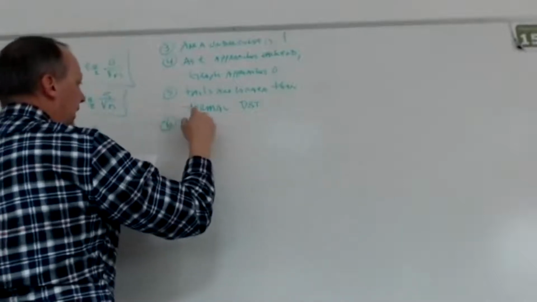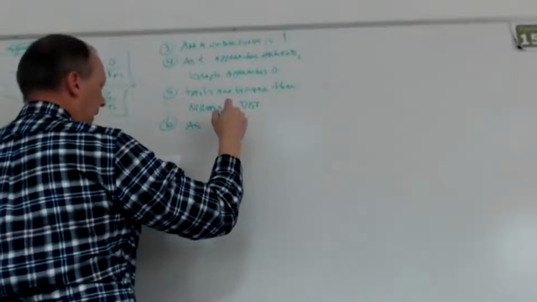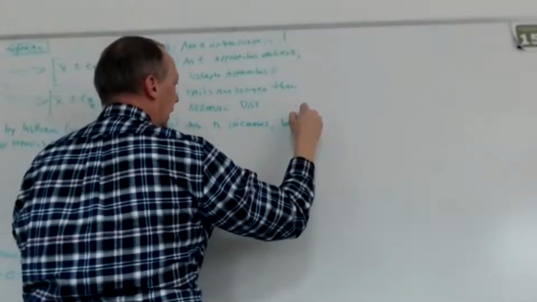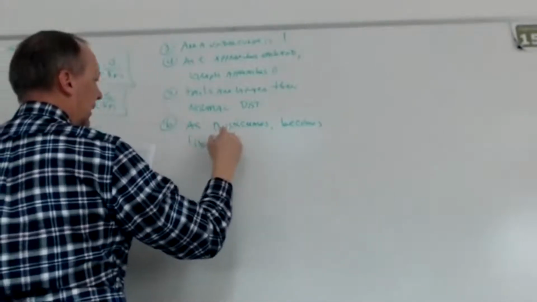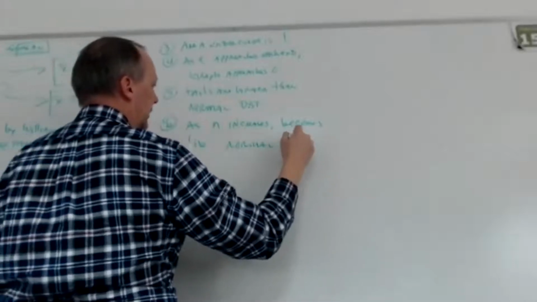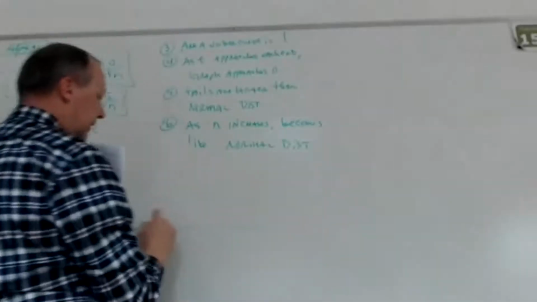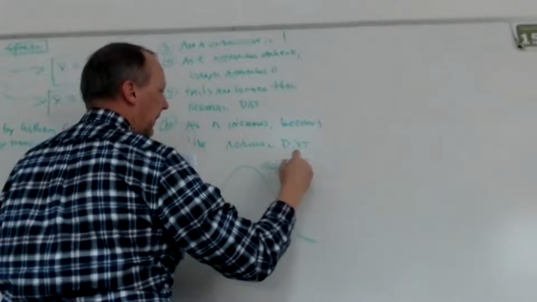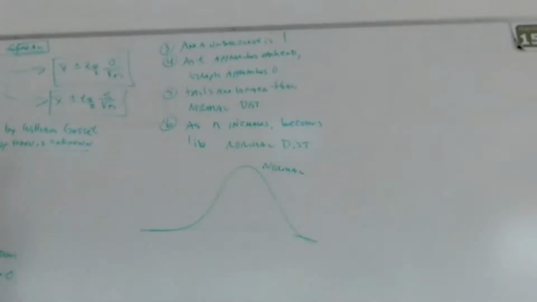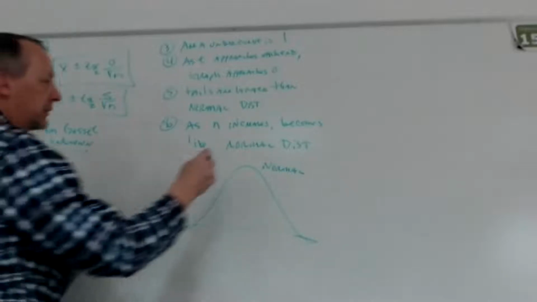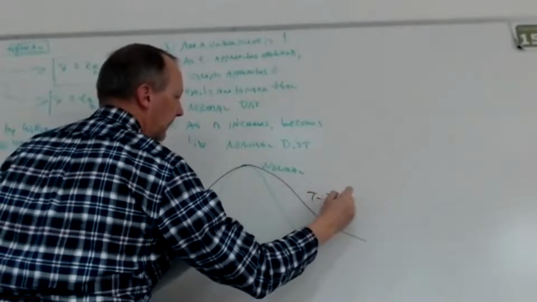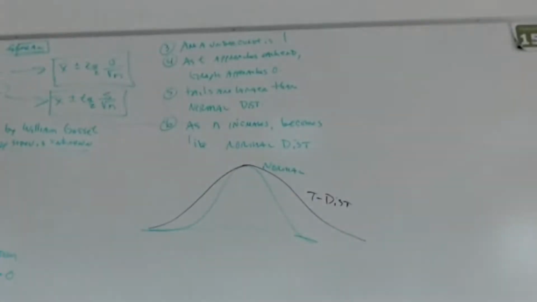And number 6, as n increases, it becomes like the normal distribution. So the nice thing is, if this is the normal distribution, then this will be the t distribution. So it looks very much like a bell curve, only you've got larger tails.